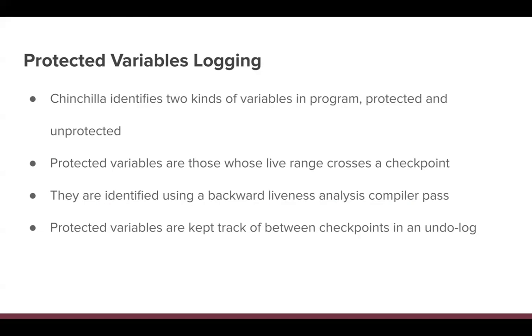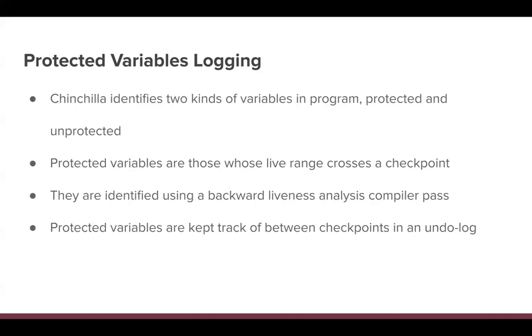Now, if a variable is defined at one point and its reinitialization actually crosses a checkpoint between its previous definition and its next one, then its live range is said to cross a checkpoint. Now, these are identified using a backward liveness analysis compiler pass.